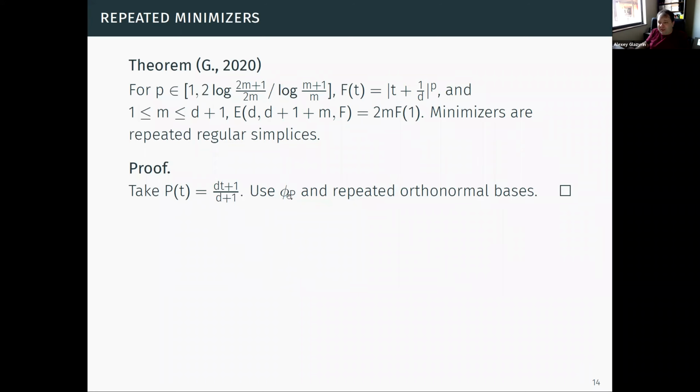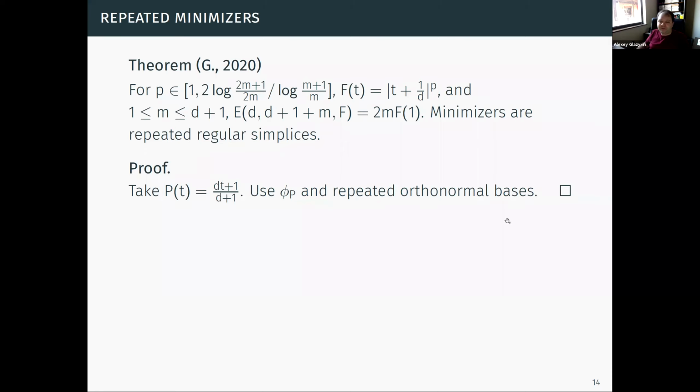So we can clearly use our general approach and the result for the orthonormal basis. In particular, for any number of points from d plus 1 to d plus 2, the minimizers are going to be repeated regular simplices for this particular potential. This is f of p, multiplied by a constant there, just to make it look nicer.